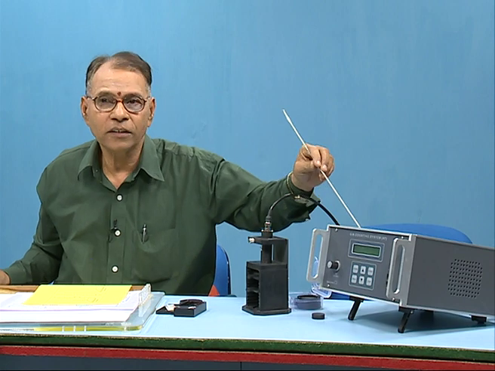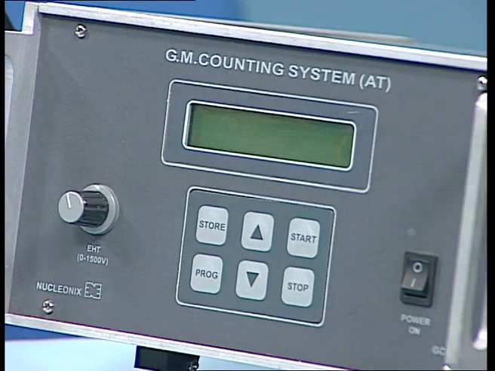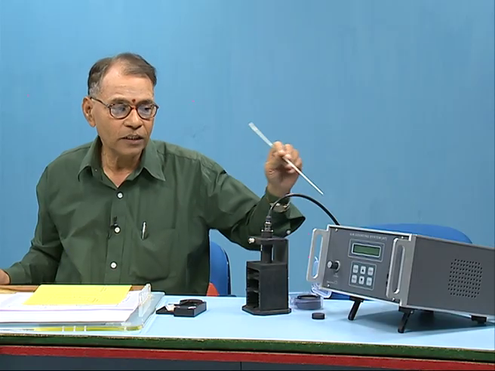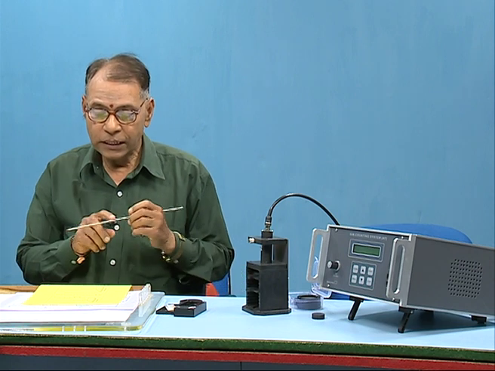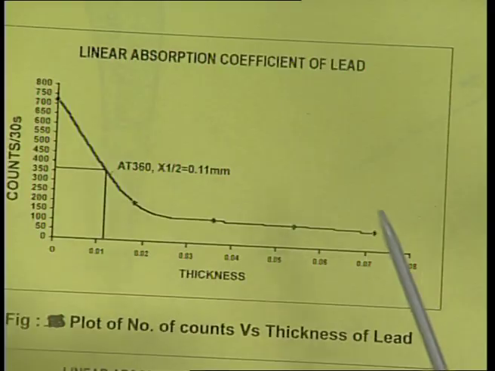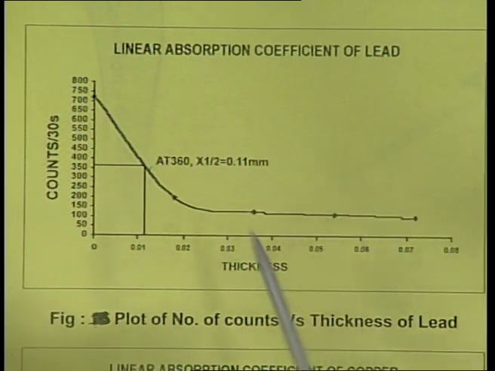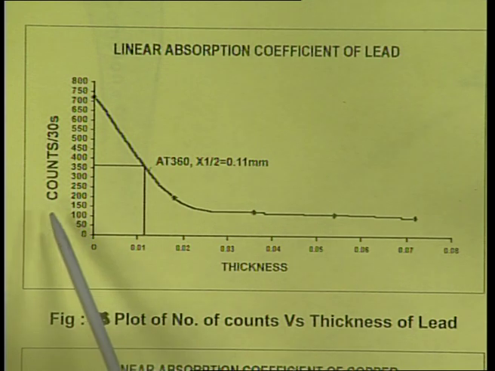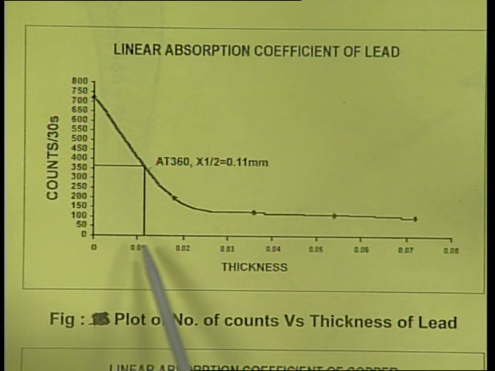This counting system will count the counts coming from the source, and such counts are noted for different thicknesses, and a graph is drawn, which is shown here in the monitor. Counts per 30 seconds is on the y axis, and various thicknesses are taken on the x axis.